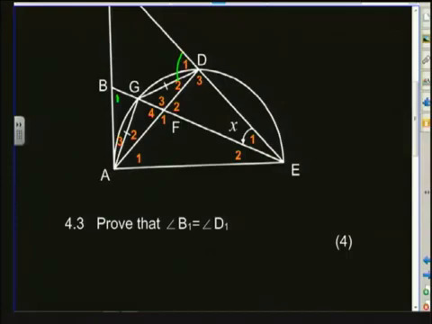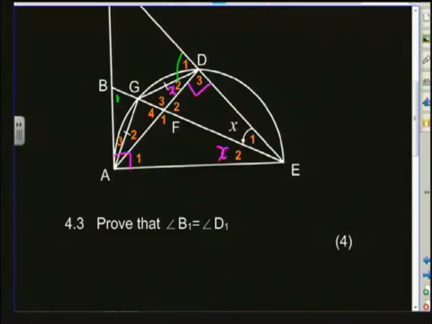All right. Remember, we've just shown using angles in a semicircle that D3 was 90. We've previously shown that D2 was equal to x. We also know that EA was perpendicular to AC because the diameter is perpendicular to the tangent. And we know that E2 is equal to x, which was also previously shown.